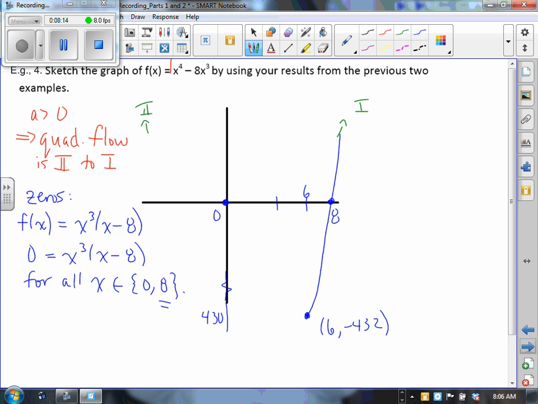We also had determined there was an inflection point at x equals 4. Now whether or not we had derived its y value is yet to be seen, so let's figure that out. For the inflection point there, f of 4 would be 4 to the 4th minus 8 times 4 cubed.